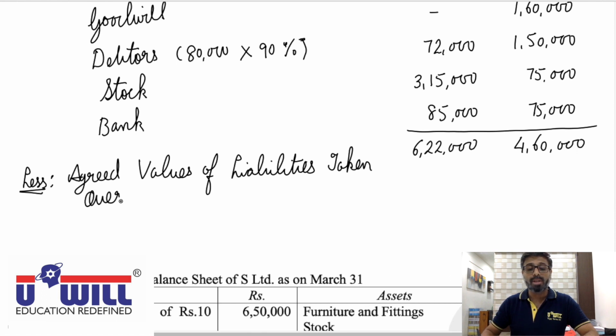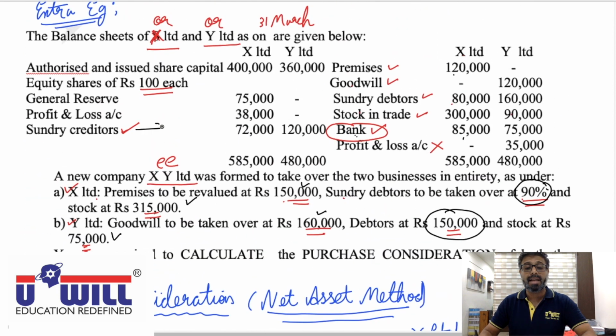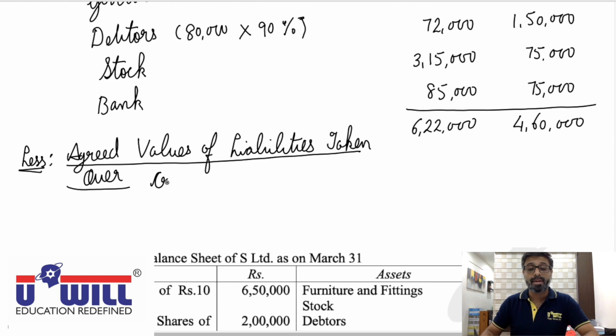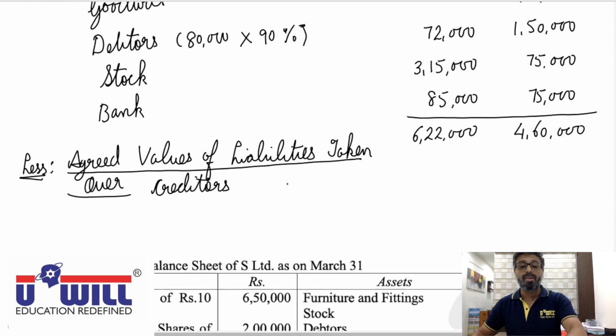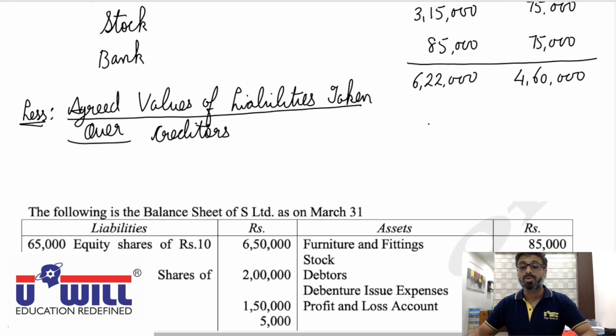Now you can all see on the liabilities side that there is a single external liability only, that is sundry creditors. So only one liability to be subtracted, creditors. And agreed value of creditors is not given, means at book value only, 72,000 and 1,20,000.